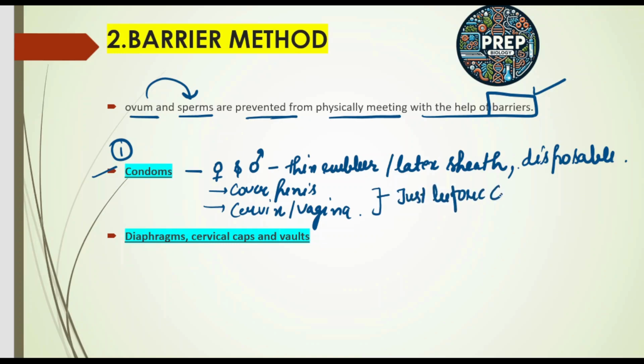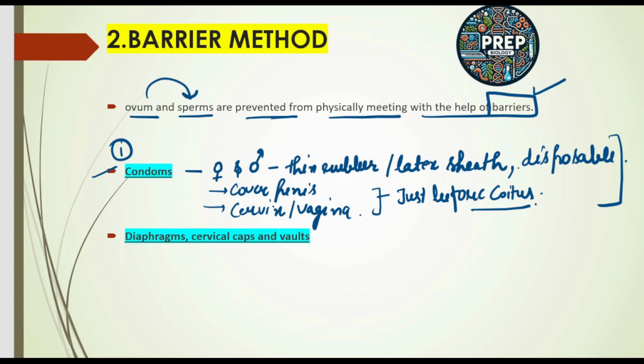So just before the intercourse, the males cover their penis with the condom and the females cover the vagina with the condom, by which the ovum and sperms are prevented from physically meeting, so that the ejaculated sperm would not enter into the vagina. This is one barrier method.